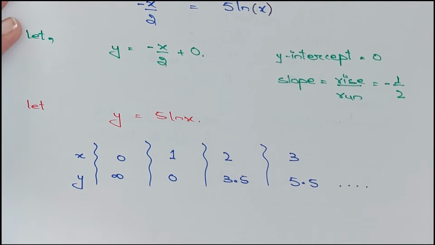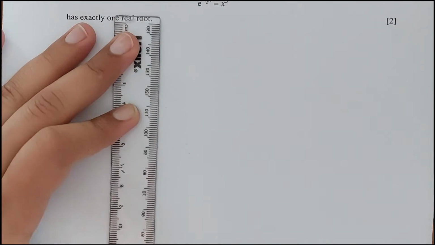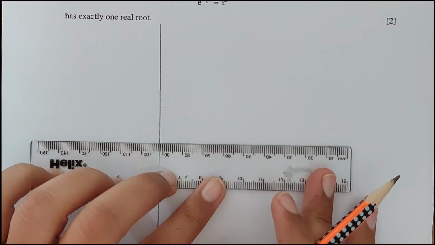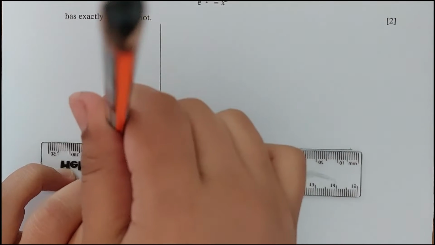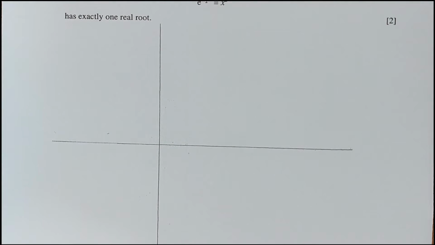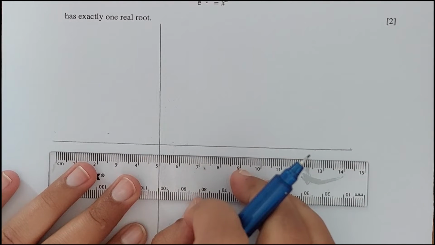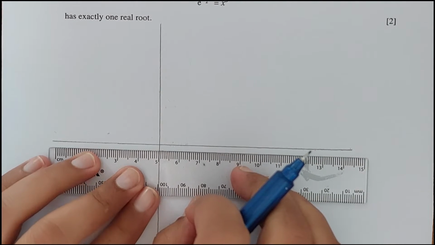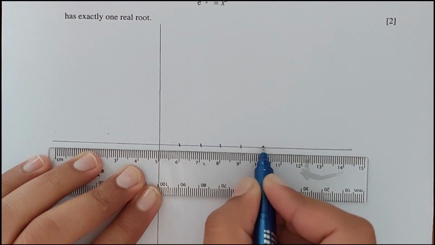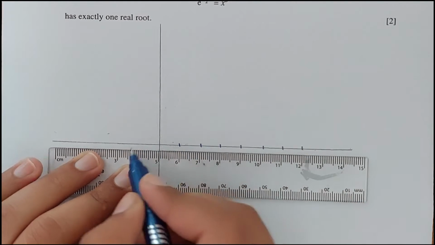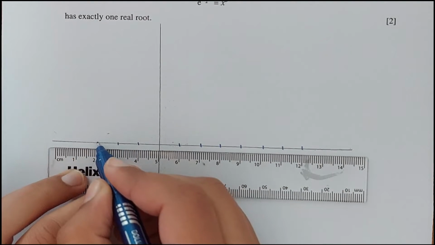Okay, now let me sketch these two graphs. Let me draw the grid here. Now let me take the scalings for x and y. 1, 2, 3, 4, 5, 6, 7, minus 1, minus 2, and minus 3.